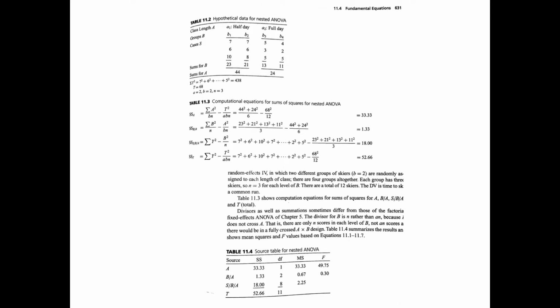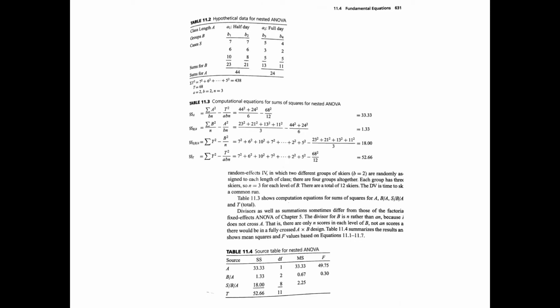So you have group 1 that got only a half day instruction, group 2 that also only got a half day instruction, group 3 full day, and group 4 full day. Since they don't cross over, group 1 did not get full day, they only got half day, that means group 1 is nested within the half day category.